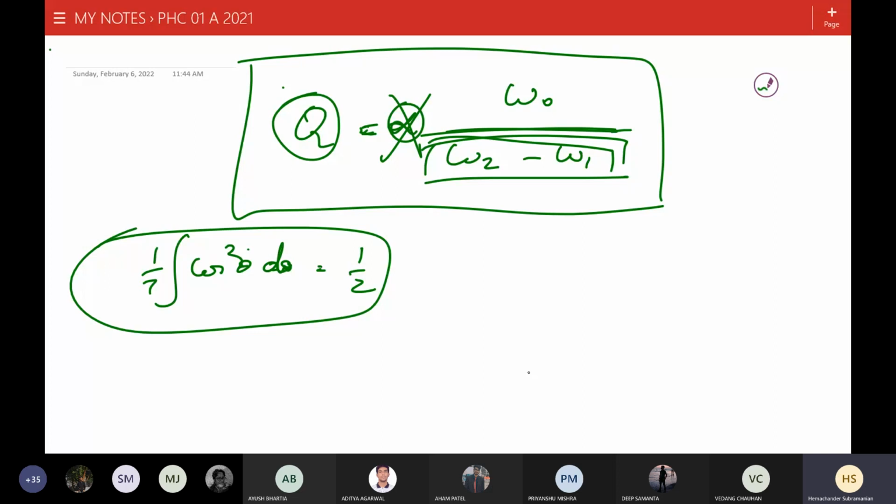You can have 1/4 or 1/8 of the average value, but half makes your calculations much simpler. For other than half, you have to multiply by some constant.